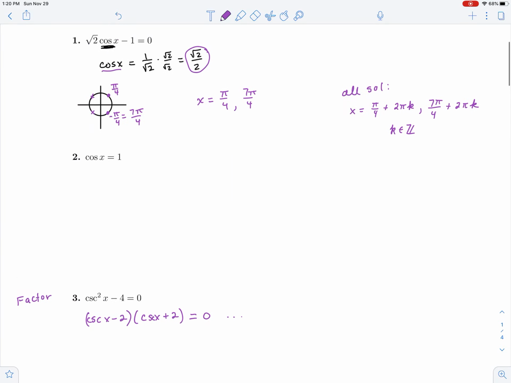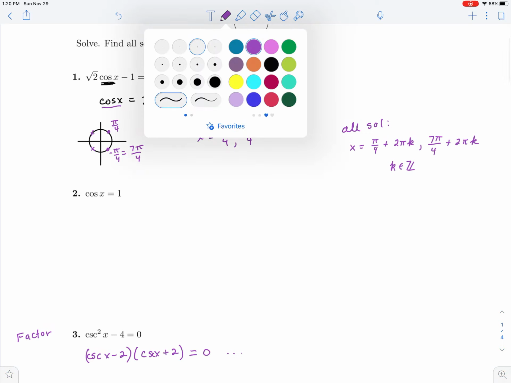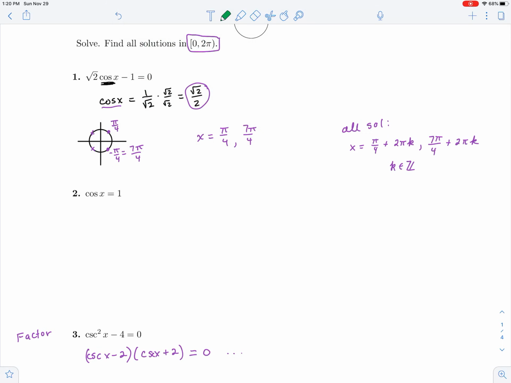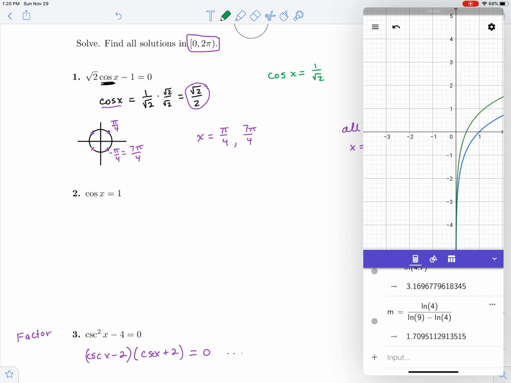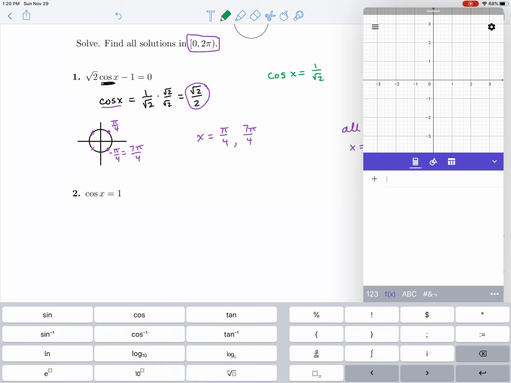Another possibility here: all of the equations that I'll give you will have exact solutions, so you'll be able to do them this way. But you could alternately, when you have cosine of x equals 1 over root 2, just use your calculator and do inverse cosine of 1 over root 2.